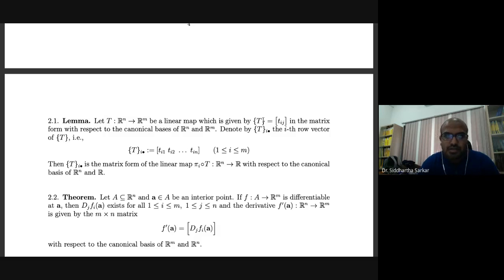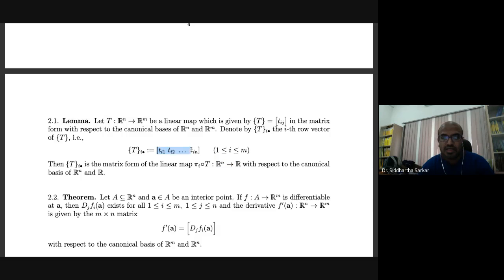Okay, so the question is, how do I recover the ith row vector for this? The statement says the ith row vector of this is nothing but, if you just post compose this linear function with the ith projection, what you end up getting is some linear map from Rn to R. It has a matrix form which is a vector of length n.